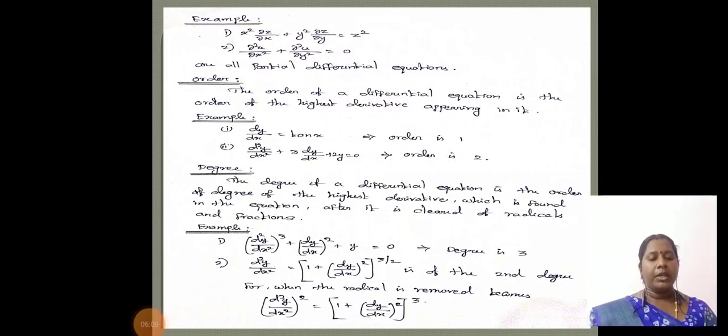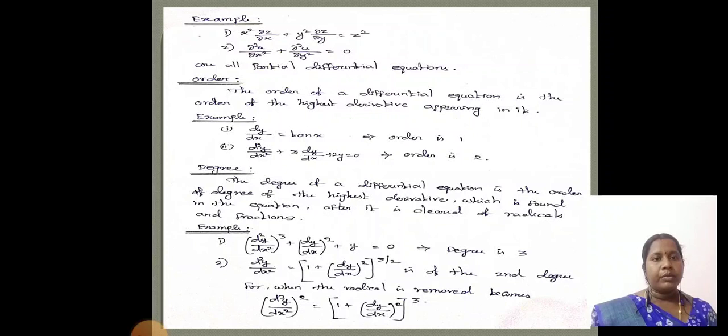Next, we are going to see degree of a differential equation. The degree of a differential equation is the power of the highest differential coefficient which is found in the equation after it is cleared of radicals and fractions. Let us see some examples.